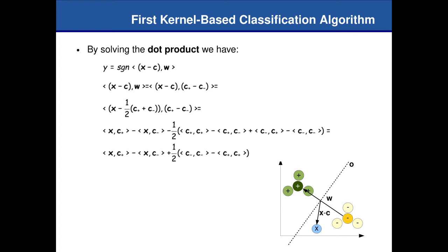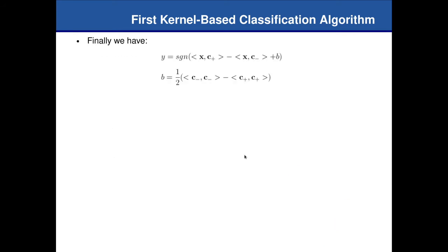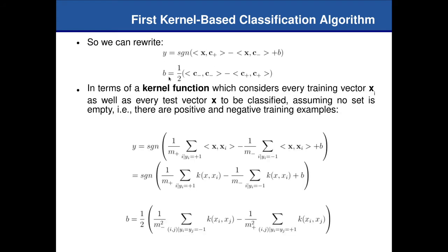I'm just classifying using my knowledge from this space. So X and C plus, X and C minus, and this is called the B term. All this plus half of C minus, C plus, as shown here, this B. So this B is called like this. That's just a matter of terminology, so to speak.